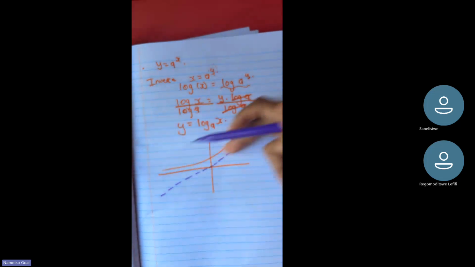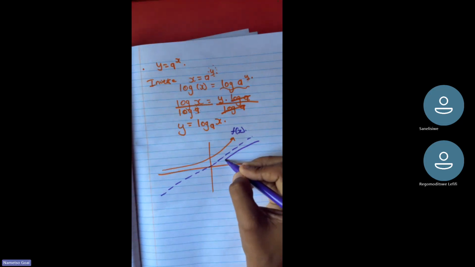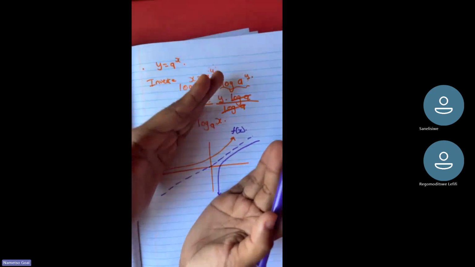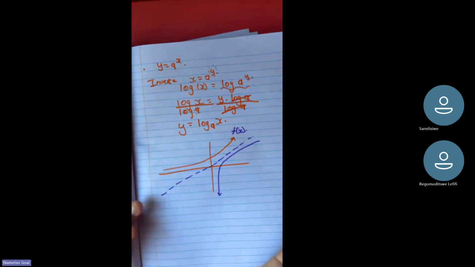It means that if this is going that way, your mirror image will come this way. It makes perfect sense, because if you were to fold it down, you would get this eventually.